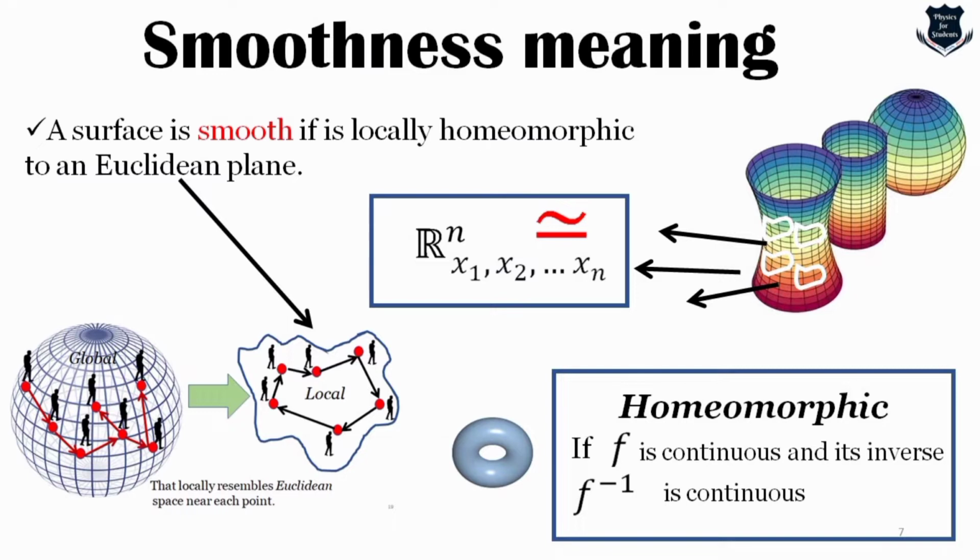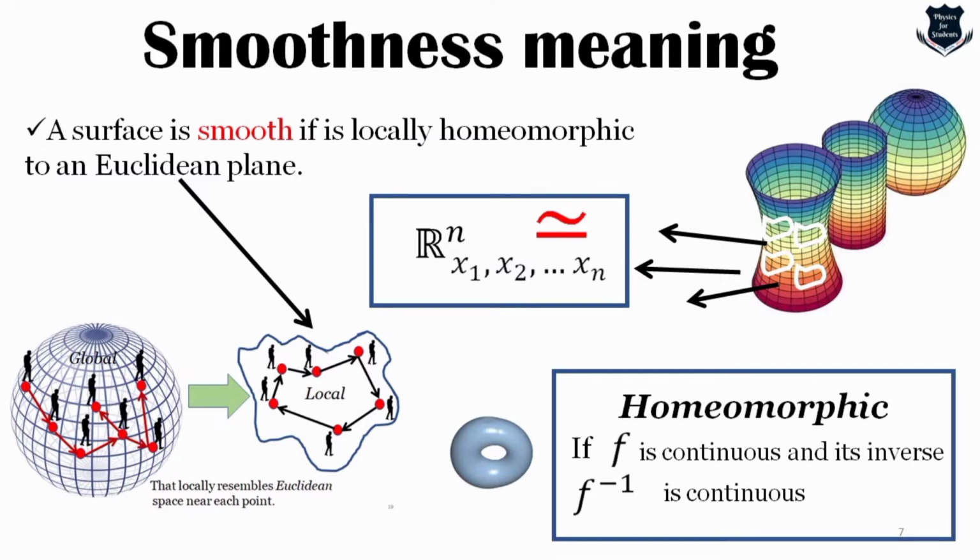Just to demonstrate, on your screen you will see the torus turning into a mug, and now this mug will again go into a torus. So the torus is the function f, and this is continuous.